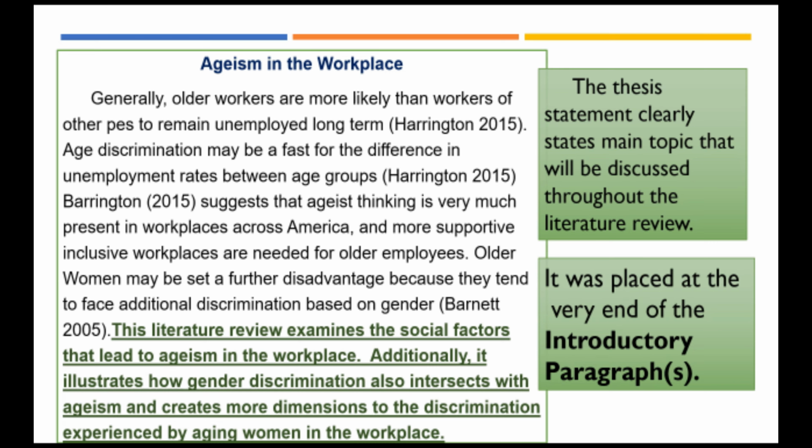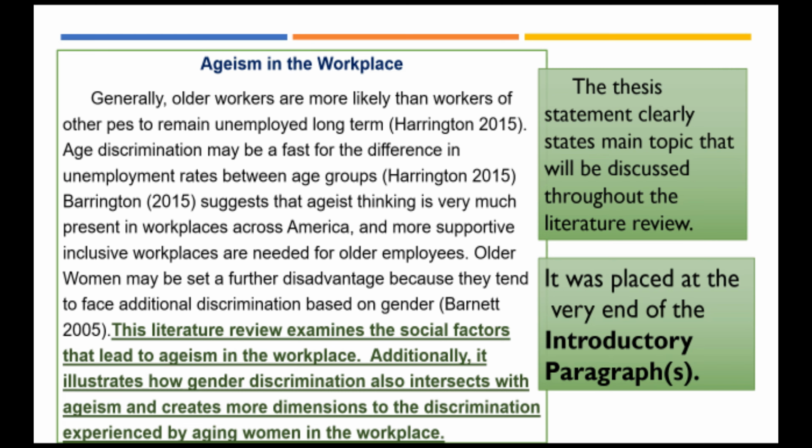From the example of the introduction of the literature review, we have here ageism in the workplace. If you have noticed, we have underlined sentences there. So I will read first the underlined words. This literature review examines the social factors that lead to ageism in the workplace.